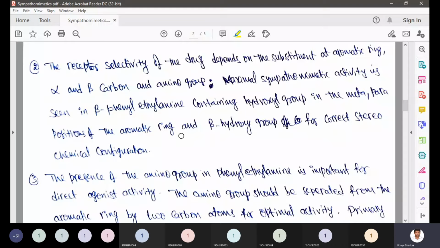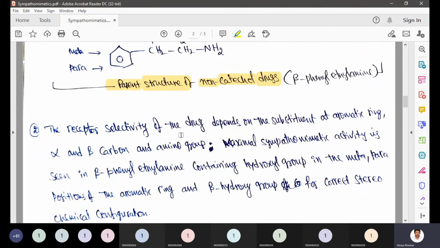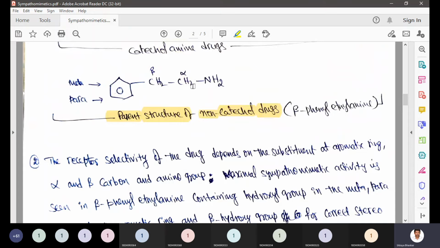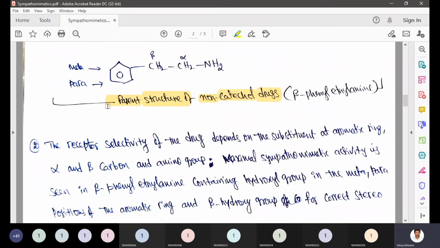So the receptor selectivity of the drug depends on the substituents at the aromatic ring, alpha and beta carbons and amino group. The substituents present at the amino group, alpha and beta carbons and the phenyl ring decide the selectivity for the receptors. That is the meaning.